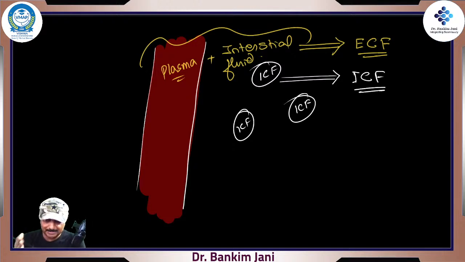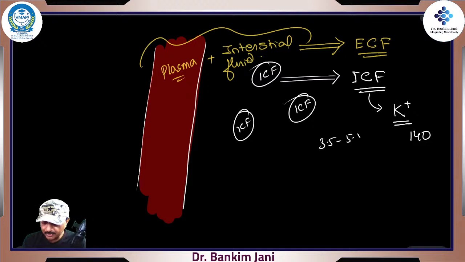It is 40%. Yes, it is big, but that's because there are so many cells. And all these cells are loaded with one ion, and that is potassium. Inside it is 140, and outside it is just 3.5 to 5.5 milliequivalent per liter.